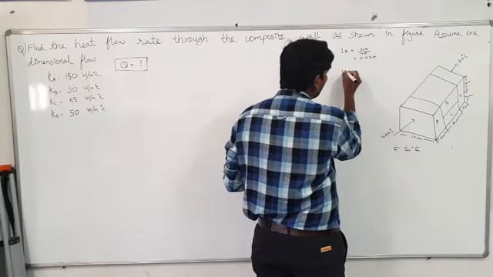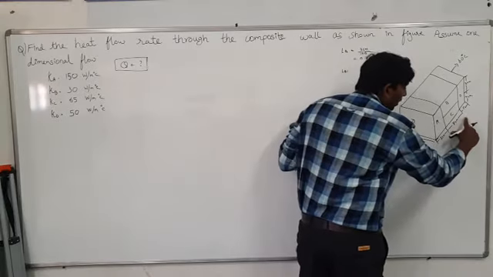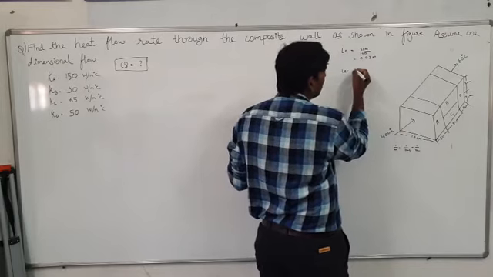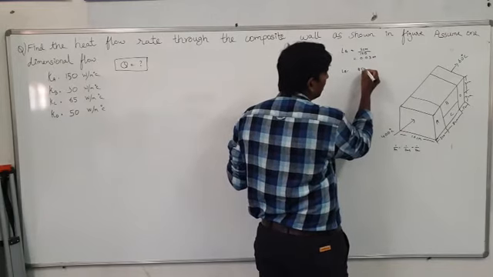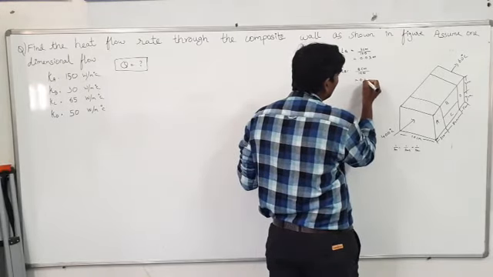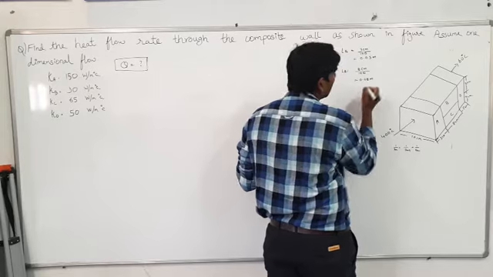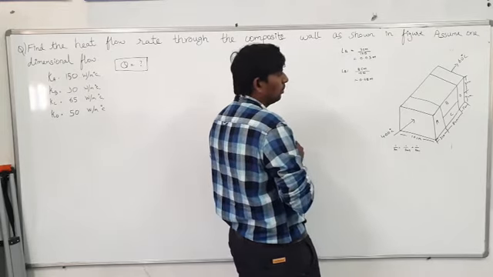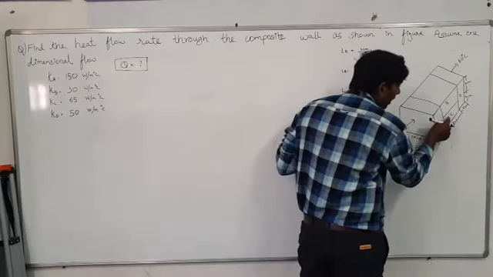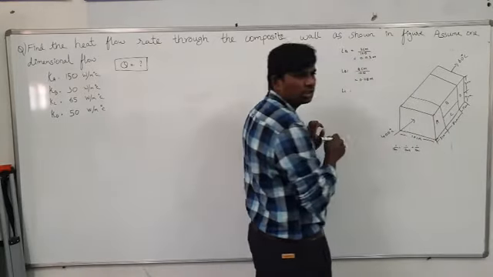Next you have to find LB. LB means this length. How much is given? 8 centimeter. This also divided by 100, so the answer is 0.08 meter. After that you have to find LC.